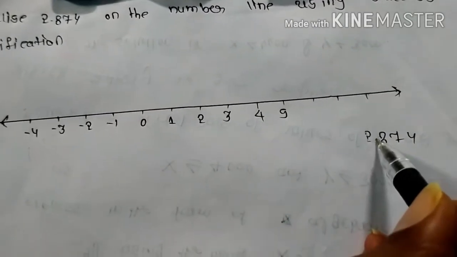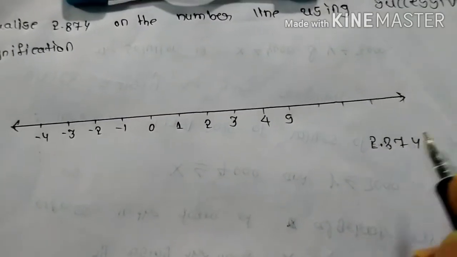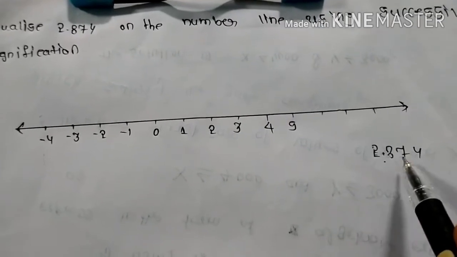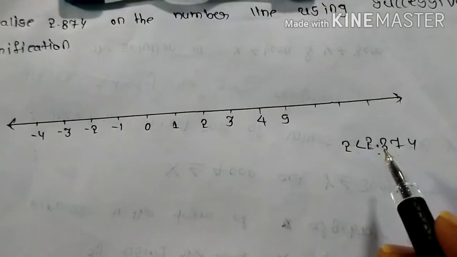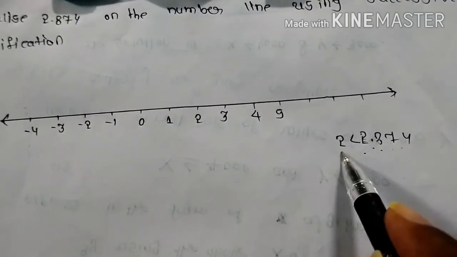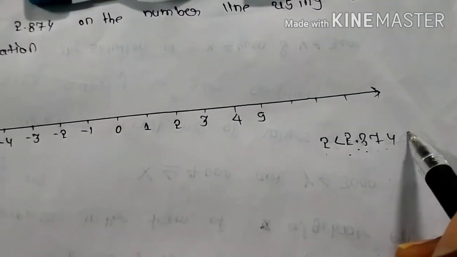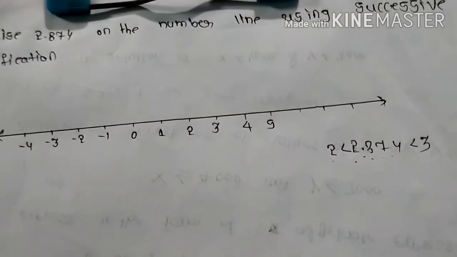2.874. With close observation, 2.874 is greater than 2, yes or no? It is greater than 2, but it is less than 3, yes or no?